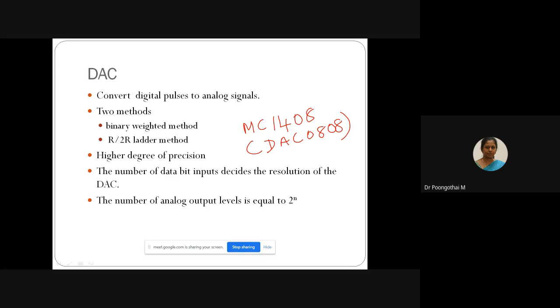This IC uses the R-2R ladder method, and this method can achieve a much higher degree of precision.